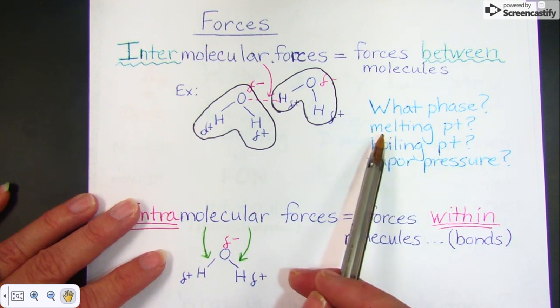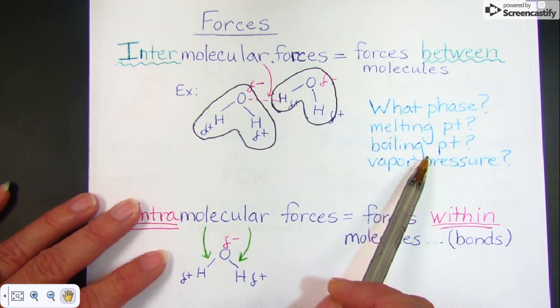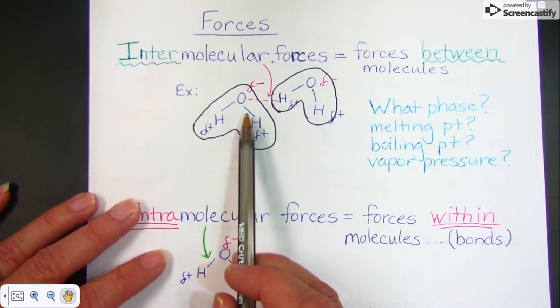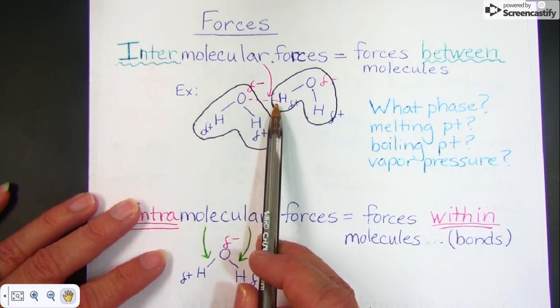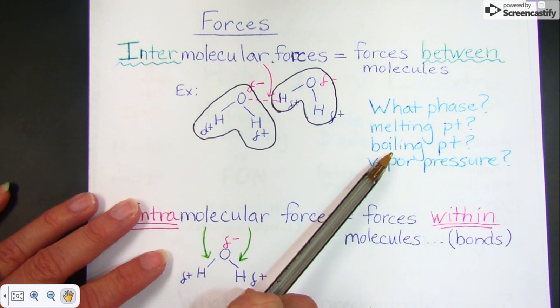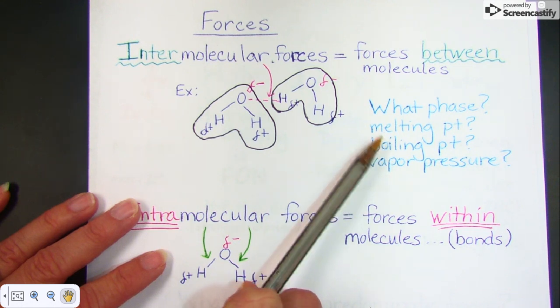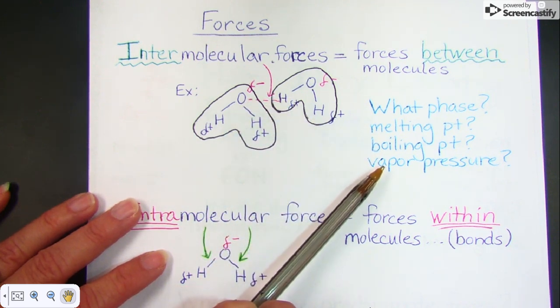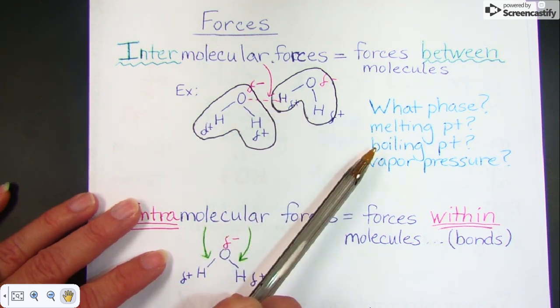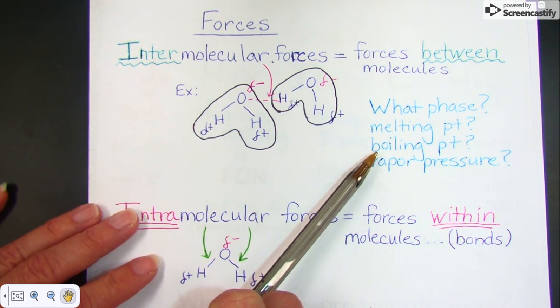It also determines our melting point and our boiling point, because if the forces are really strong holding these molecules together, it will be much harder to melt or boil that substance, so the melting and boiling points will be higher. If they are weaker, obviously it's much easier to take those substances apart, and that melting and boiling point would be very low.